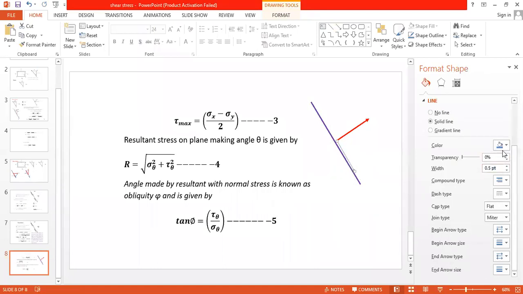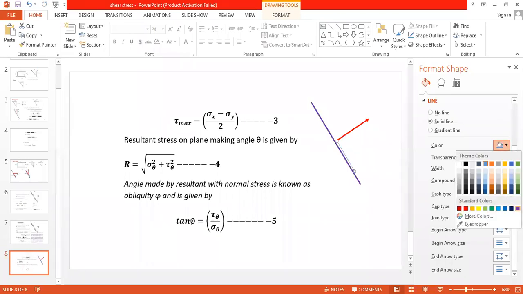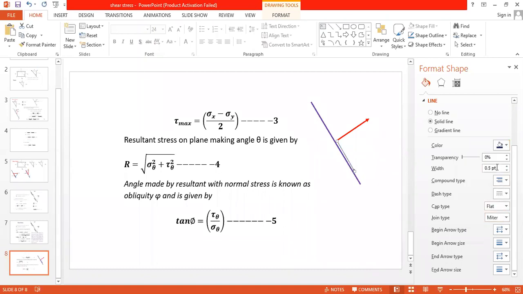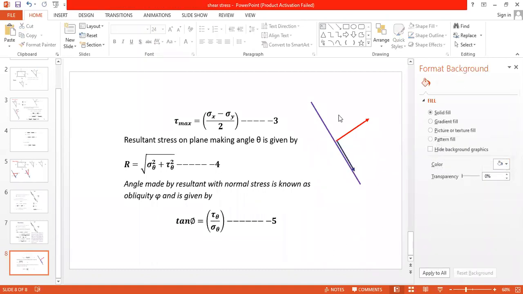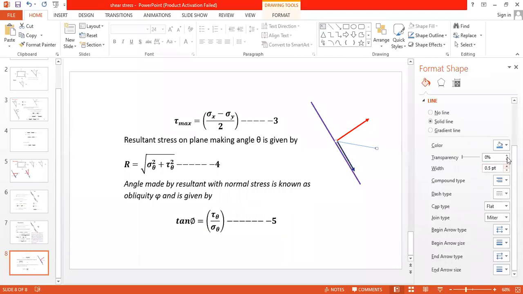Shear stress on this plane is like this. You see this. I will change this color. Okay, I will take this one. Now this is the normal stress. This is the shear stress. Your resultant, according to this equation, will be here, in between these two. Is it correct? It may be like this resultant. Okay, it is the same as the resultant force.